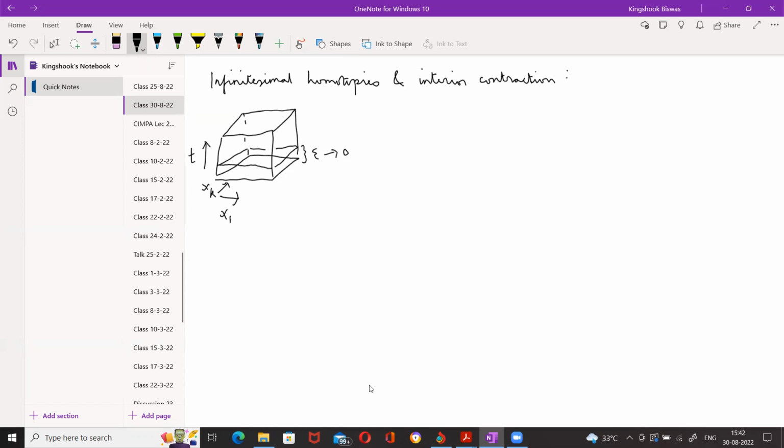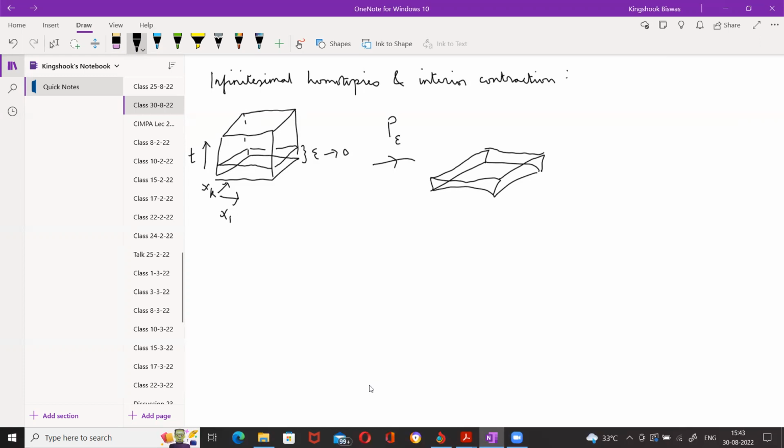Okay, so then I can look at the image under this. So that will be a very thin k plus 1 cube like this. And what will happen to the integral? So let me call this thing P epsilon.